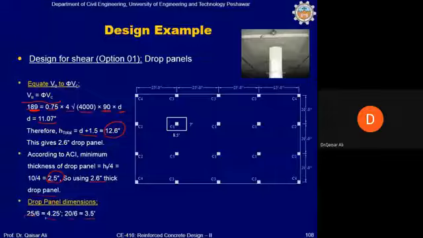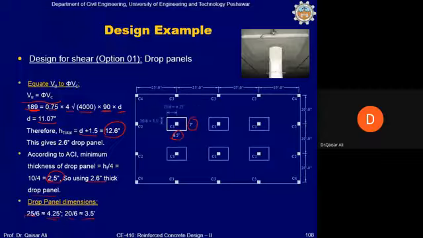So 4.25 multiplied by 2 is 8.5, and 3.5 multiplied by 2 is 7 feet. 8.5 feet on one side and 7 feet on the other side, and a 2.6 inch thick drop panel will be provided. For the remaining edge columns and corner columns, you can calculate the size of the drop panel yourself.